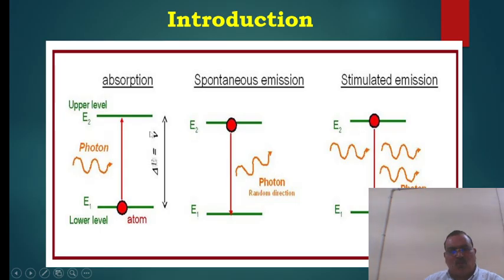Suppose after absorption your atom is in the E2 state, the excited state. Now what you do when the atom is in the excited state after absorbing the primary photon, and at that state you again add one more photon externally to the system, then what happens?